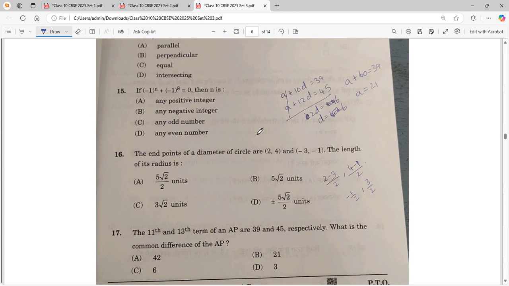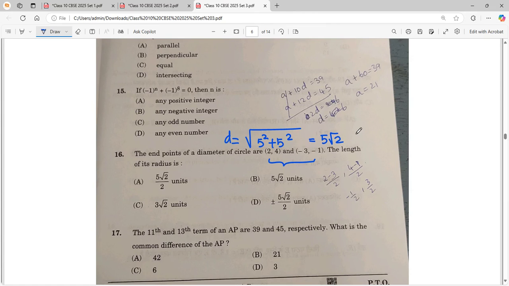Question 16, the length of its radius is asked. Endpoints of the diameter are given. So what we can do is find the length of the diameter first, and from the diameter we can find the radius just by dividing by 2. The diameter's length is the square root of 5 square plus another 5 square, which is equal to 5 root 2.